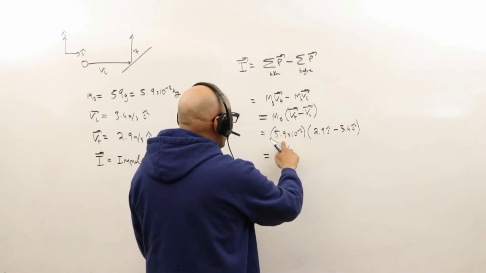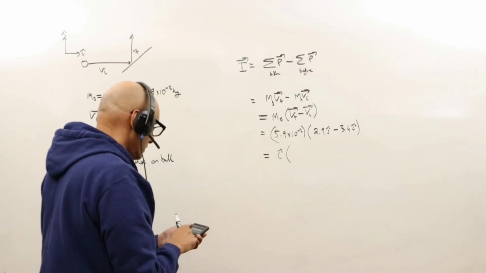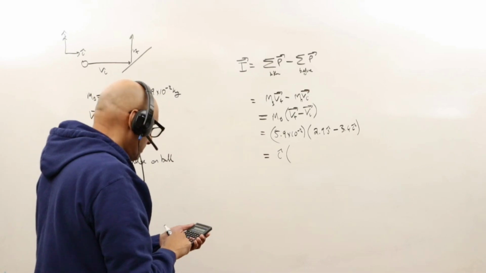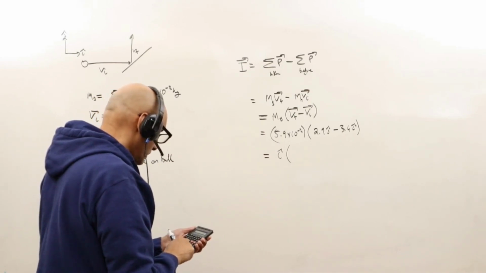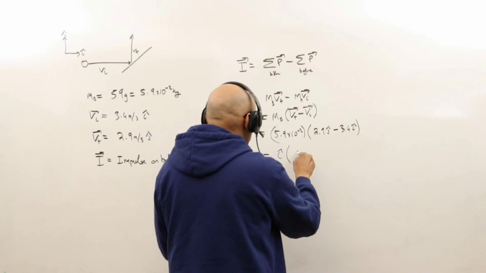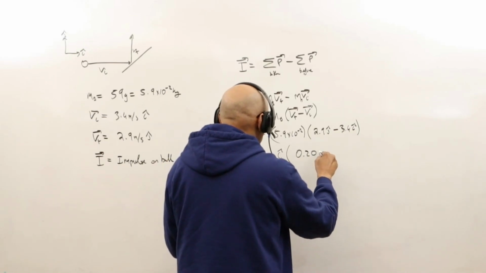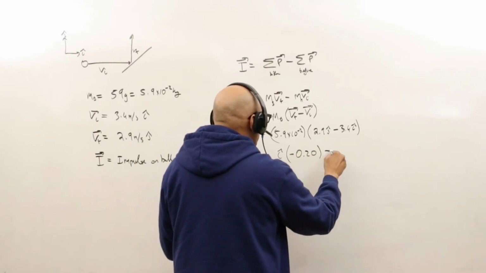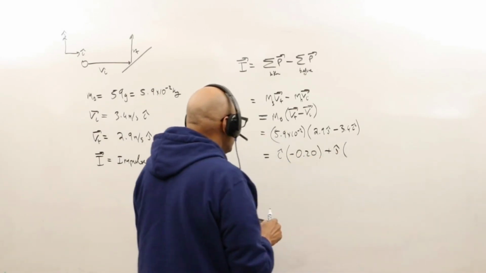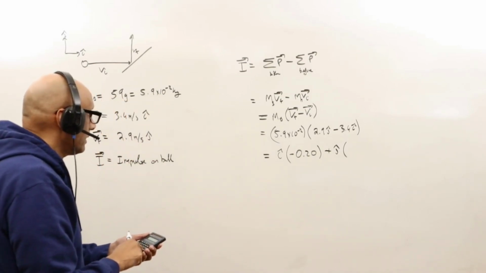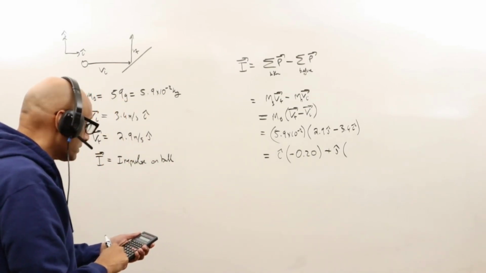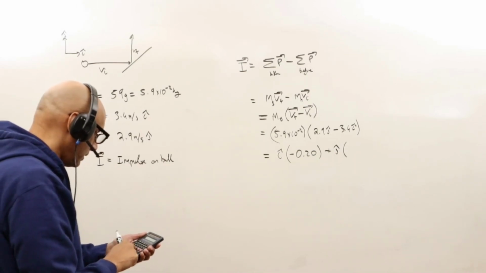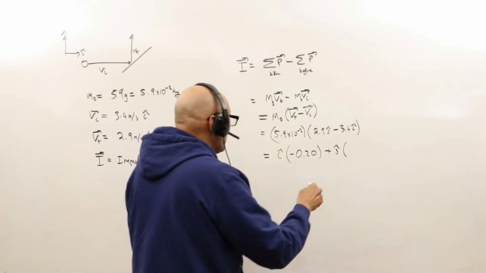So 5.9 times 10 to the minus 2 multiplied by 3.4 gives me 0.20. There's a minus on the i, so I'll put a minus over here, plus a j hat of 5.9 times 10 to the minus 2 multiplied by 2.9, 0.17.